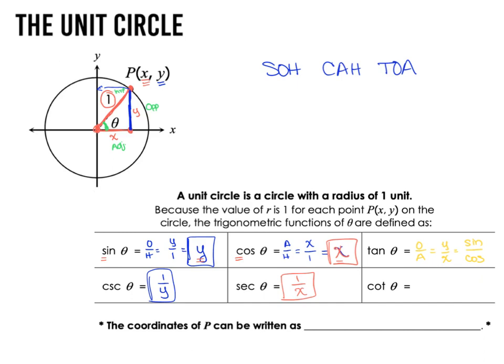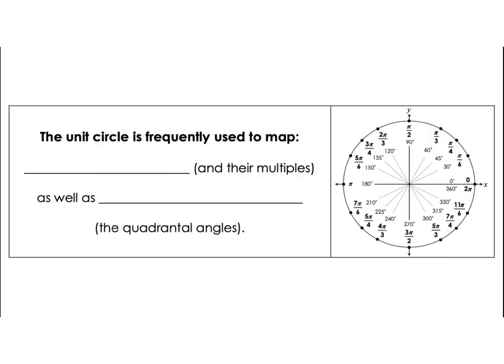Instead of y over x, we would do x over y, which is the same as cosine over sine. The coordinates of P can be written as cosine, which we said was x, comma, sine, which we said was y.